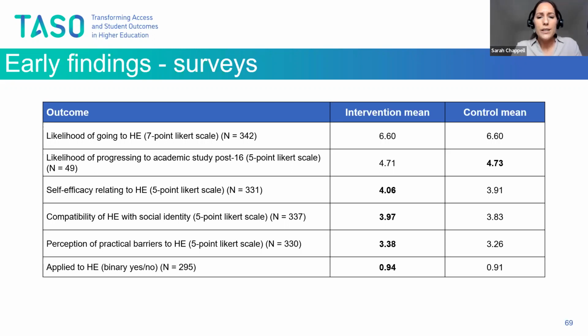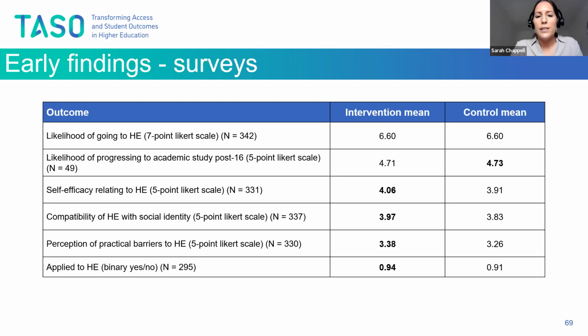So this table shows what the mean score was on the survey scales, and on the left it tells you what the actual survey scale was, the number of students that responded to the survey, and how many points on the scale it was. So we can see here for the first question, how likely are you to apply to HE? Really interestingly, the mean was exactly the same for our intervention group and our control group.